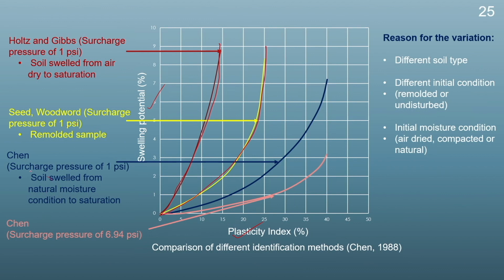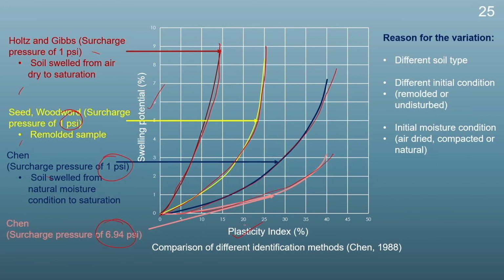If we take the Chen method, which uses 1 psi pressure, the curve goes here. Similarly, if Chen takes a surcharge load of 6.94 psi, then the curve will be here. So, even if we take the same surcharge load, if we compare these 3 methods, we can see there is a large variation in the swelling potential of the soil at different plasticity index.